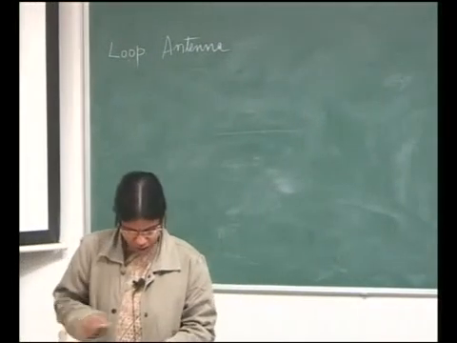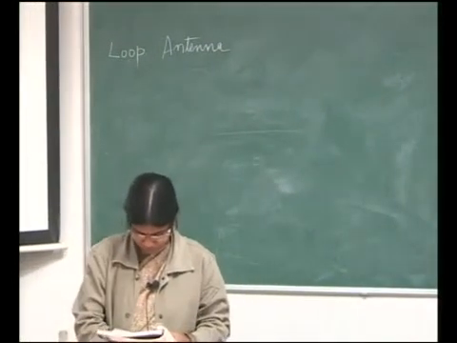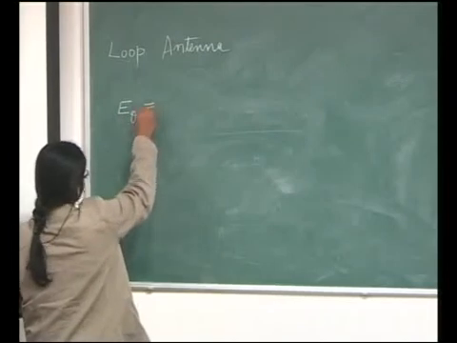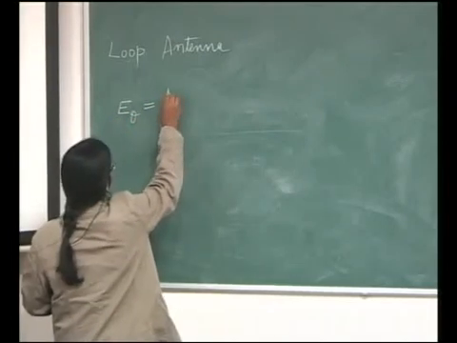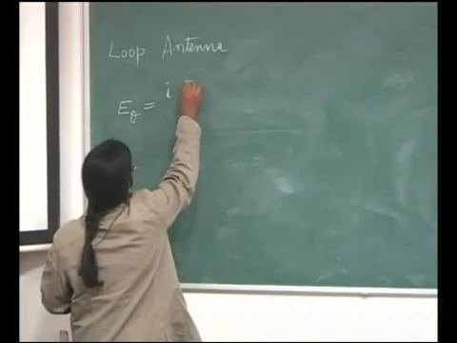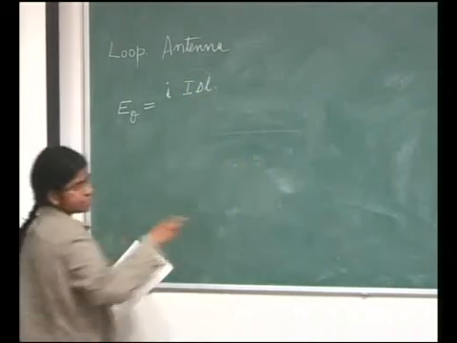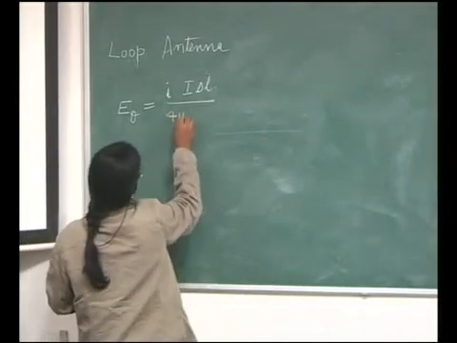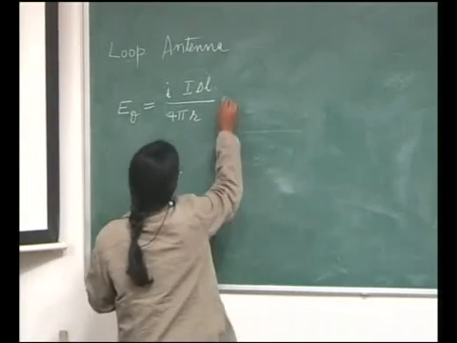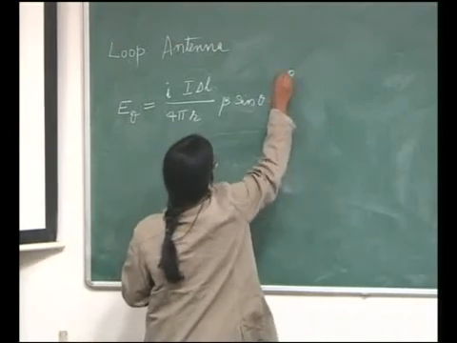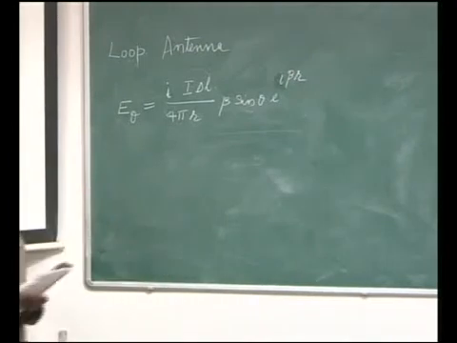So, those equations are: E theta is equal to I delta L, where delta L is the circumference length of the loop, I delta L divided by 4 pi r, beta sin theta e to the power j beta r, where beta takes into account the retarded potential as well as the propagation term.